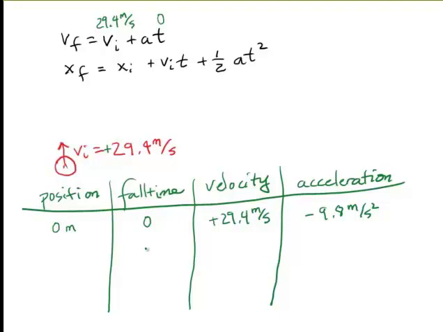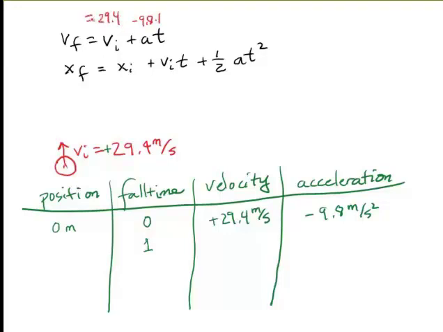Now, okay, let's let it fall for 1 second. It's actually rising while it's doing that. So now I'm going to erase this. There we go. Okay, so we're going to plug in t is equal to 1. Acceleration is minus 9.8 meters per second squared, and the initial velocity is 29.4.